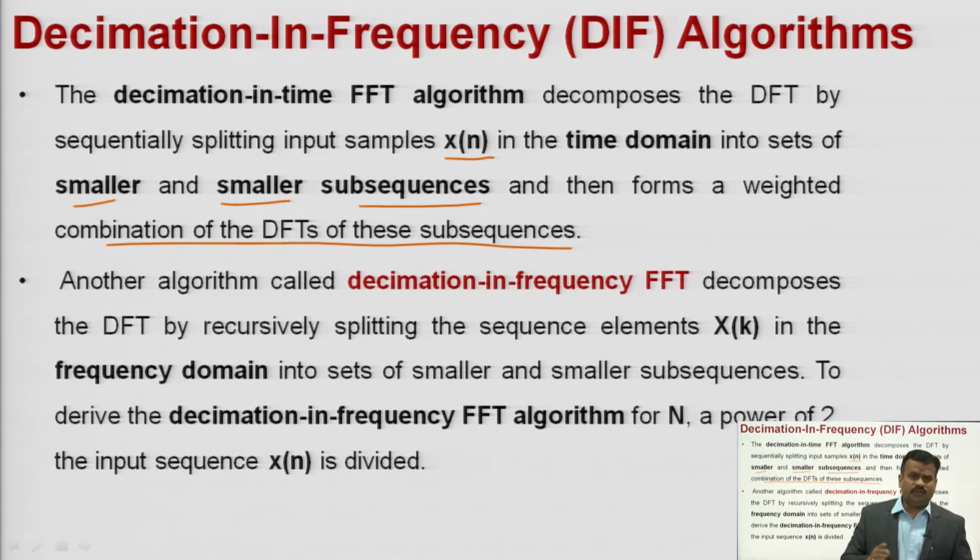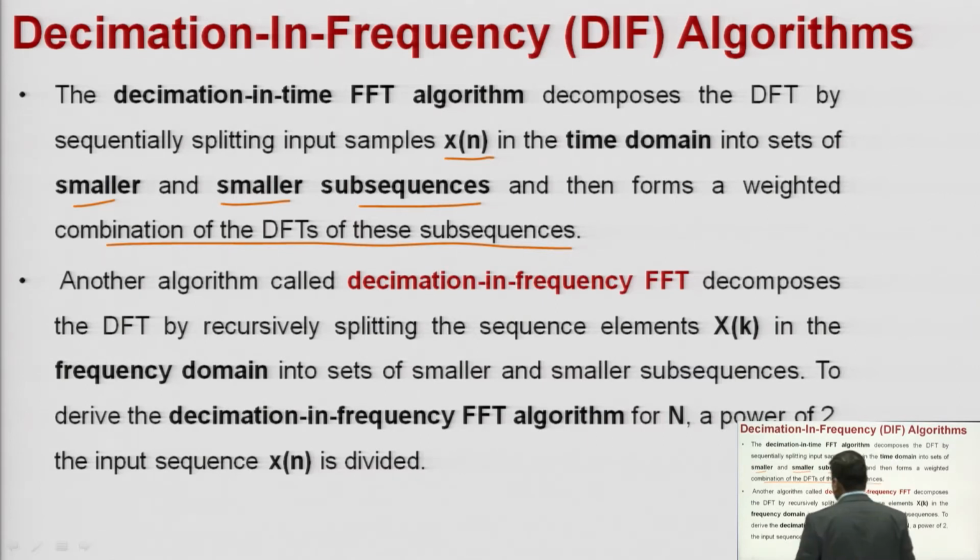So, in DIT FFT you split your time domain sequences into smaller parts, with weighted coefficients, like twiddle factors. Now, another alternative to DIT FFT is the DIF FFT, decimation in frequency FFT algorithm.